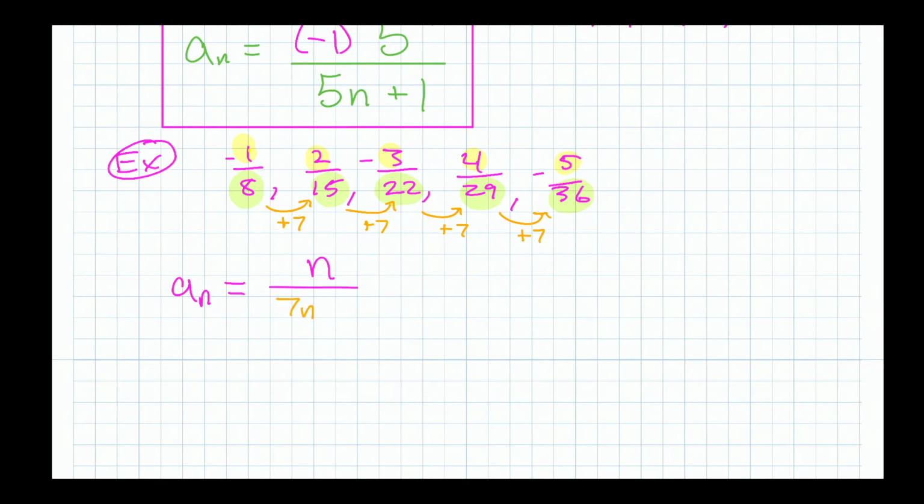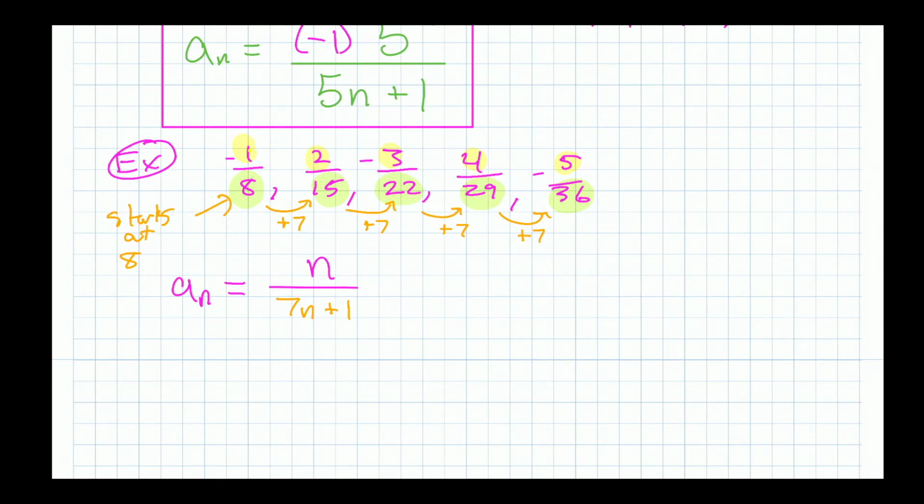Now, just like the other one, we need to make sure that we actually start at 8. So if you put in a 1 right here, you're going to get 7. How are you going to make it so you get 8 the first time? Add 1. Okay?